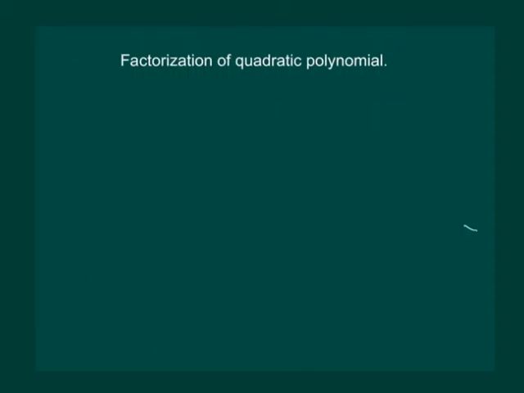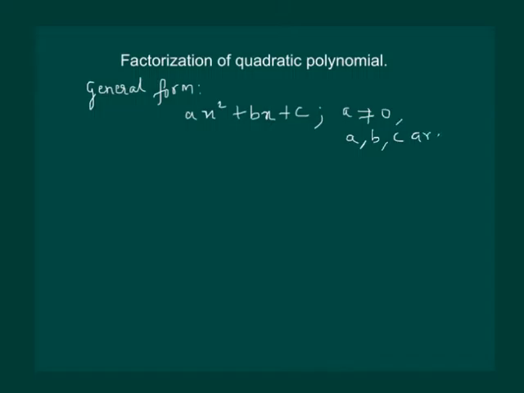Let us now learn another method of factorization of a quadratic polynomial whose general form is ax square plus bx plus c, where a cannot be 0 and a, b and c are constants.